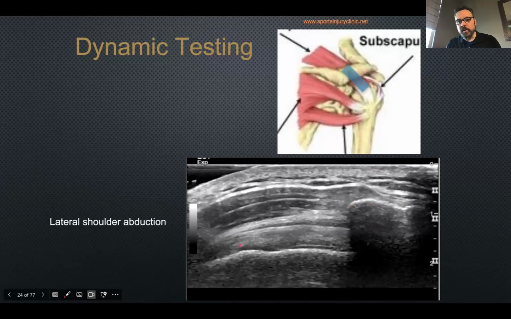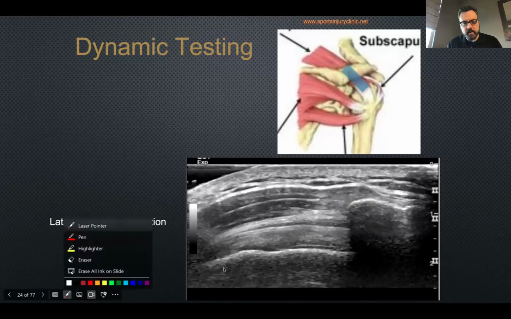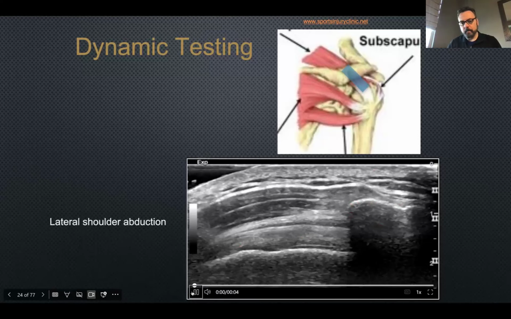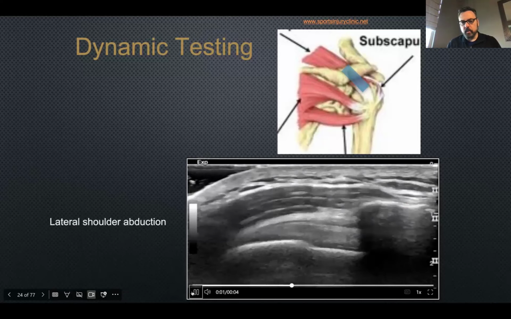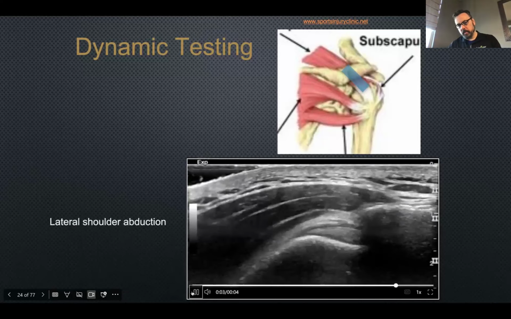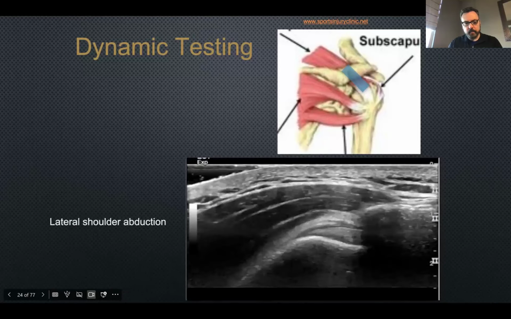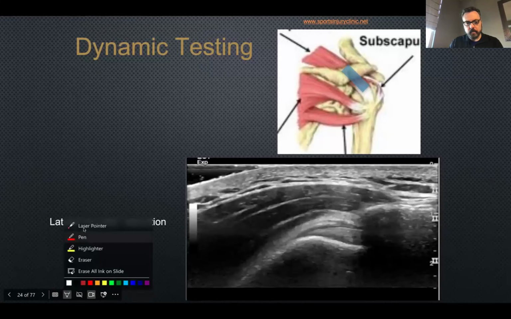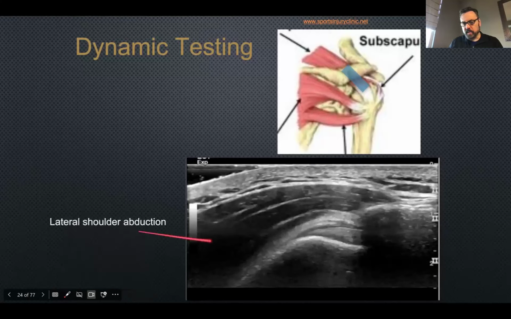While the probe is sitting there, you have the patient fully abduct their shoulder, and what you end up seeing is this. You see the very terminal end of the subscap right there.